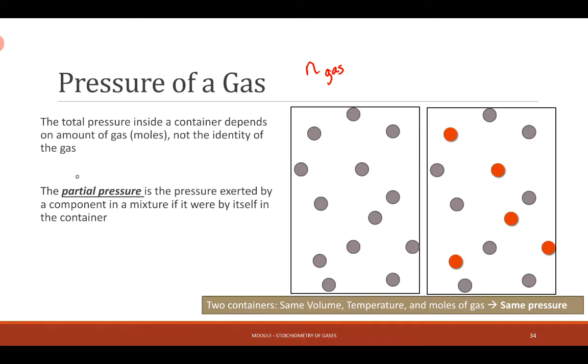When we talk about partial pressure, we're specifically talking about a gas mixture, and we're trying to figure out what pressure is due to this substance that I'm circling now versus the other substance.